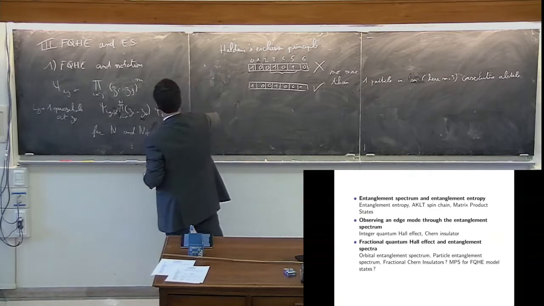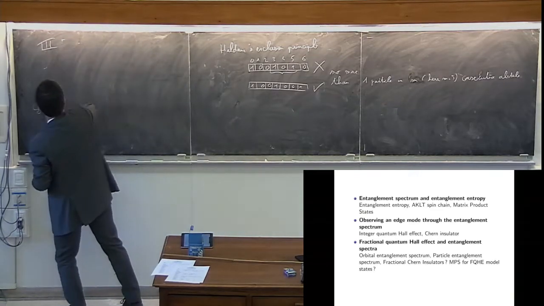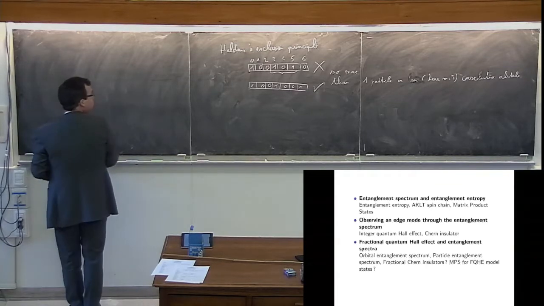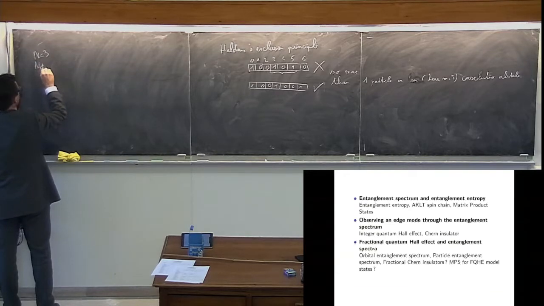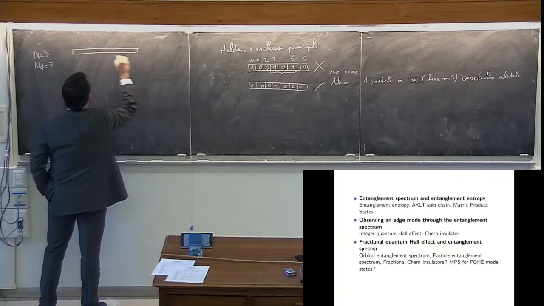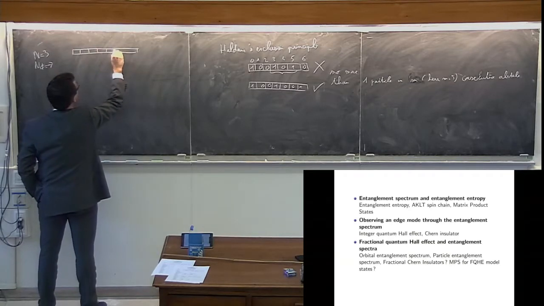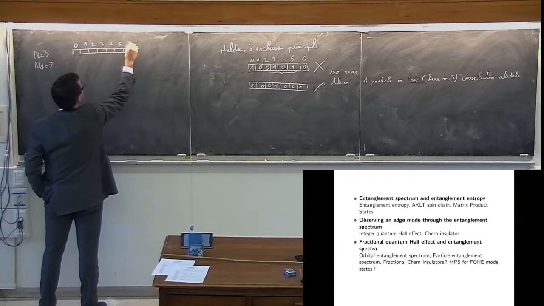If you now want to look at quasi-hole excitations, you just have to increase the number of flux quanta. So let's say you look at still N equal to 3, but N_phi is equal to 7. Then you have one more box. 0, 1, 2, 3, 4, 5, 6, 7.